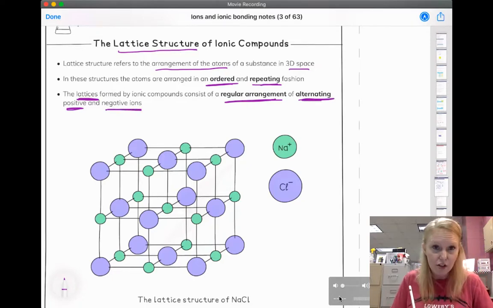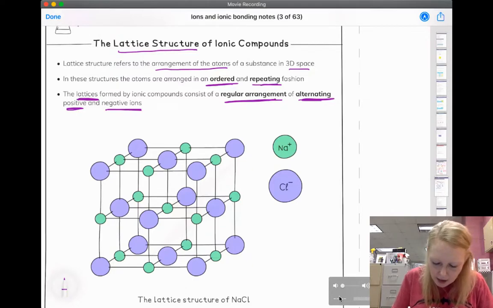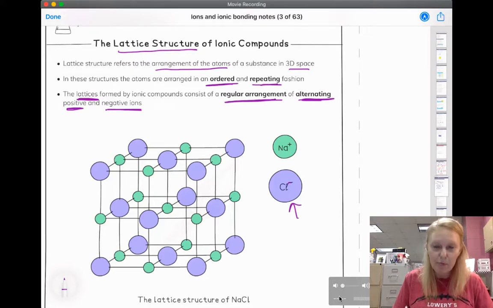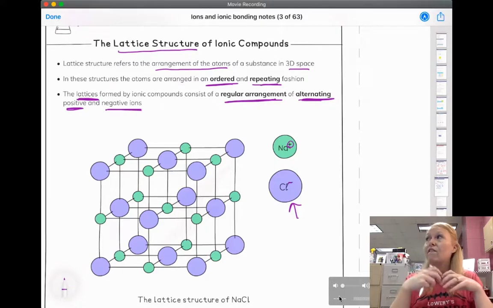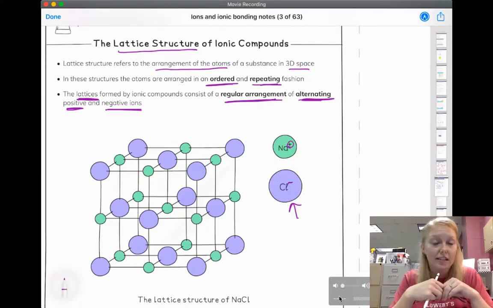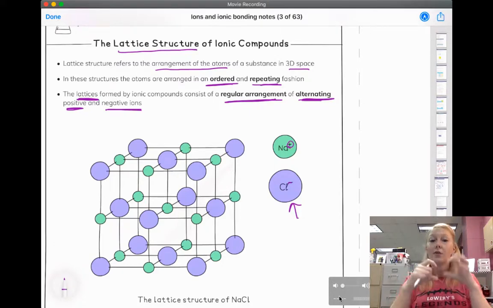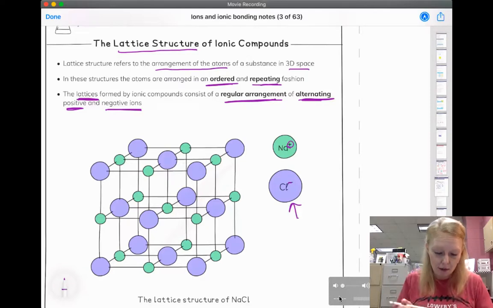So we have a little structure below here that you can look at for reference. So you'll notice my chloride ions here are larger with the negative charge because it has more electron shells than sodium with its little positive charge. And sodium's got fewer electron shells after it becomes an ion, so it's smaller than my chloride ion.